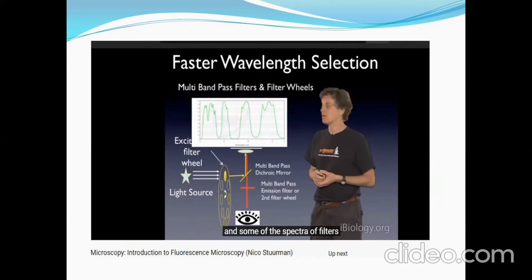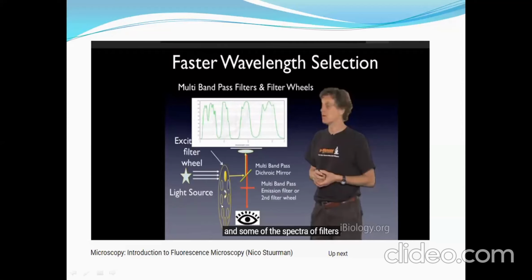And not only a particular band, it has several bands of excitation and emission, to select several bands of excitation as well as emission filters. So they engineered certain filters which have multi-band pass capacity. Okay, so this is known as a multi-band pass dichroic mirror, and in that case you can use either a multi-band pass emission filter or a second filter wheel, in case of emission.